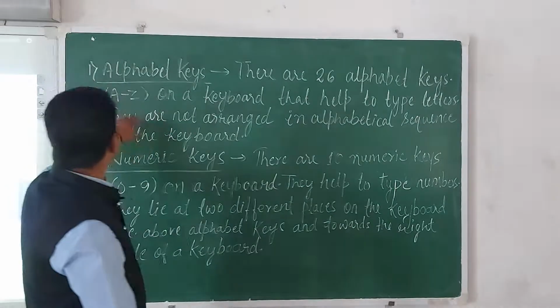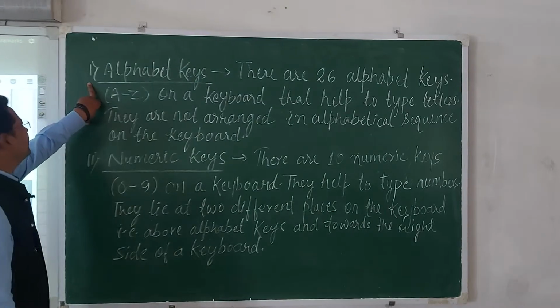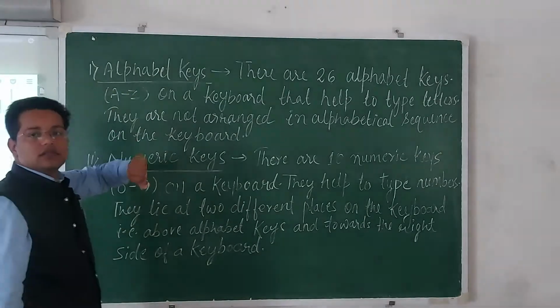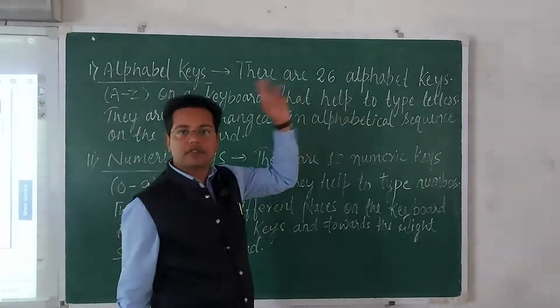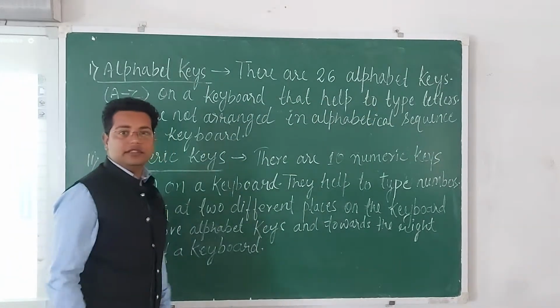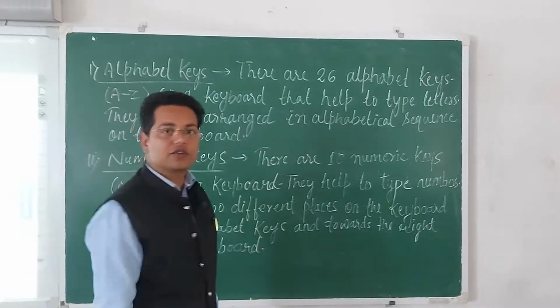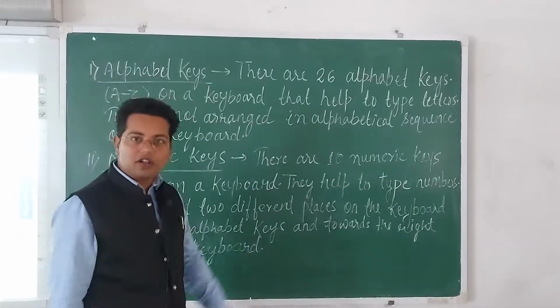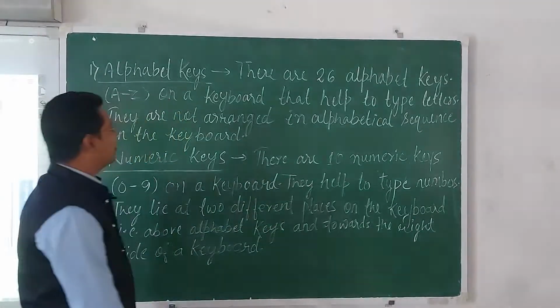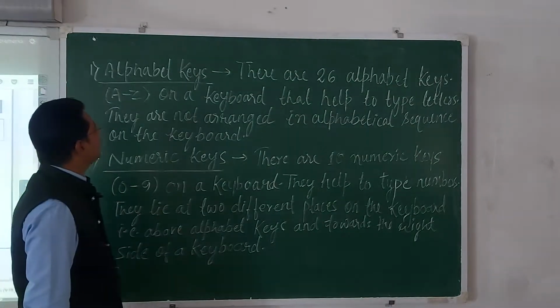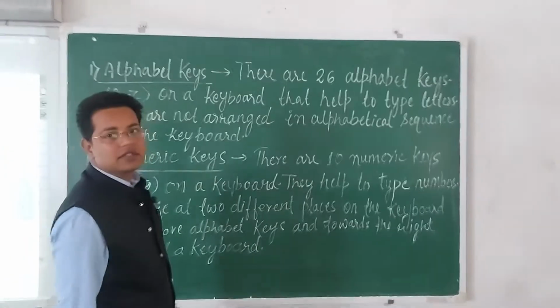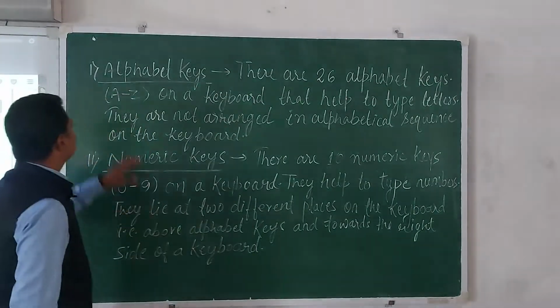Okay children, so let us see the very first key, that is alphabet keys. I already discussed there are 26 alphabet keys. You have studied in junior classes A, B, C, D, E, F, G, H, I, J, like that, so on. A for apple, B for ball, C for cat, like that only. So I am not going to teach you A, B, C, D here. I am just talking about the various types of keys which is present on the keyboard. Okay.